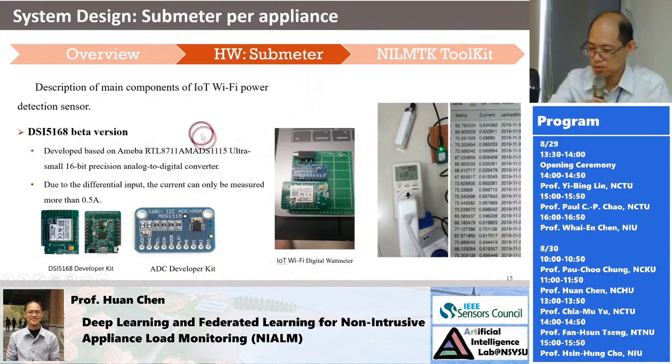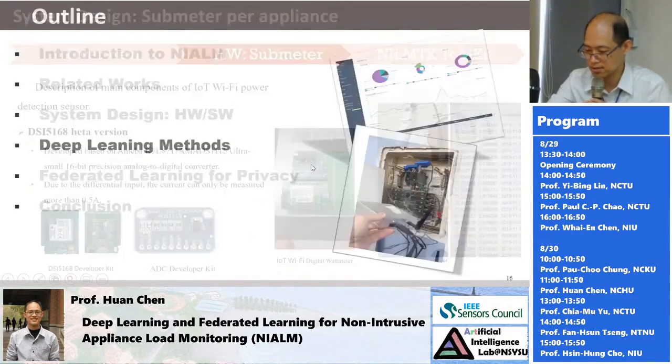For the submeter we installed, we use the DSI 5162 beta version. This is a Realtek Amoeba development kit. It is also a wireless module, and we have an ADC to convert the signal from analog to digital. So this is a small device.